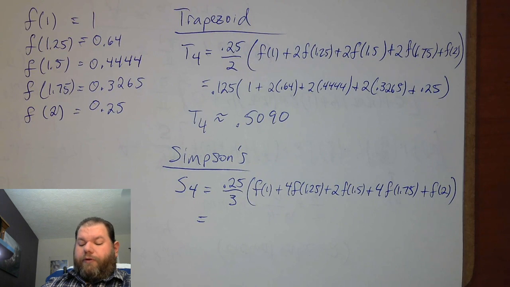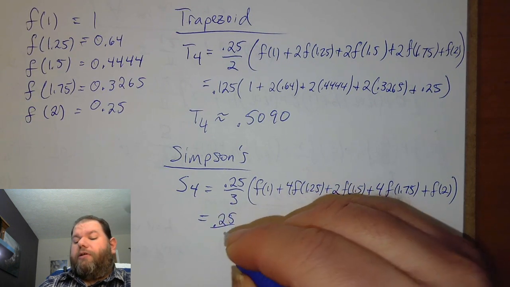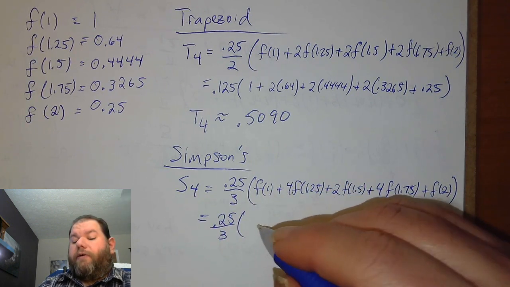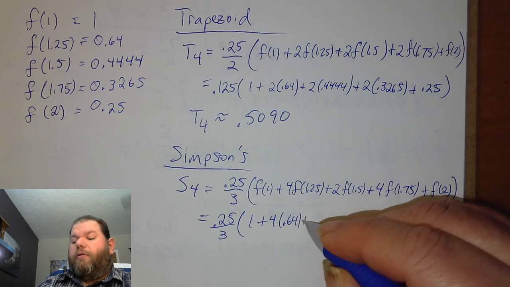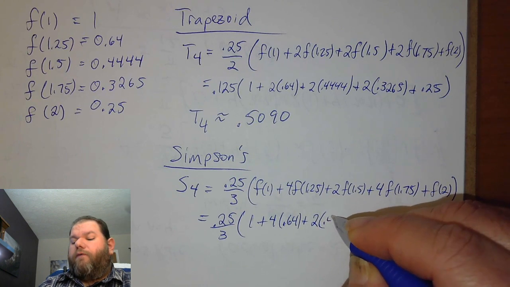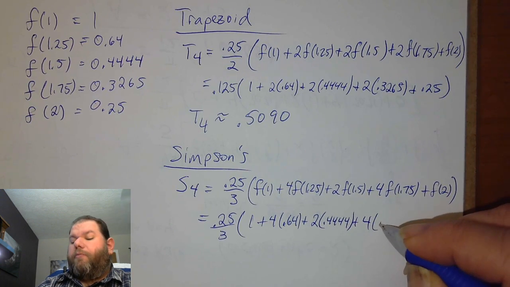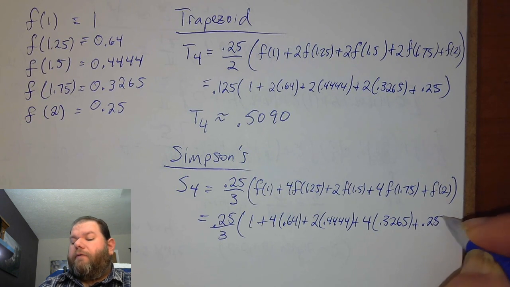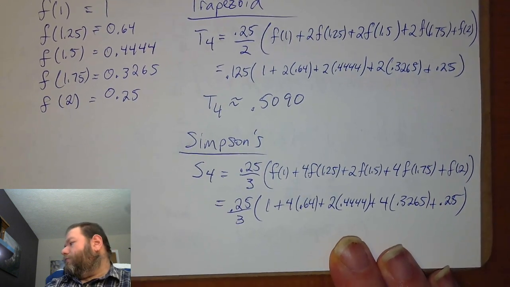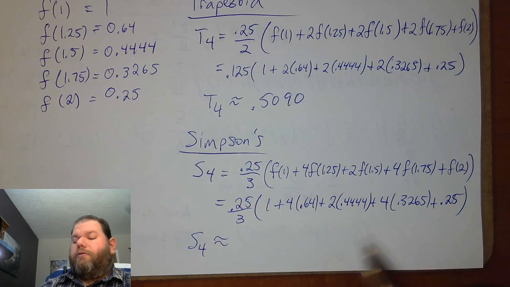Now, 0.25 divided by 3 doesn't come out to be an exact number, so I'll leave that alone until the final calculation. And then fill in the rest, so we have 1 plus 4 times 0.64 plus 2 times 0.4444 plus 4 times 0.3265 plus 0.25.